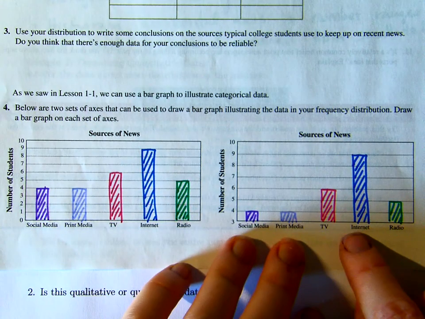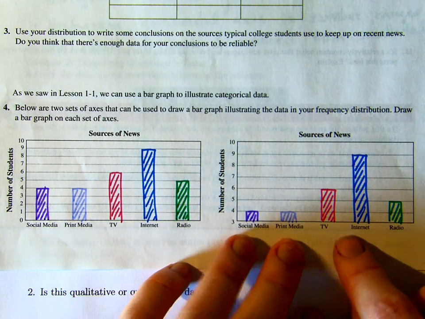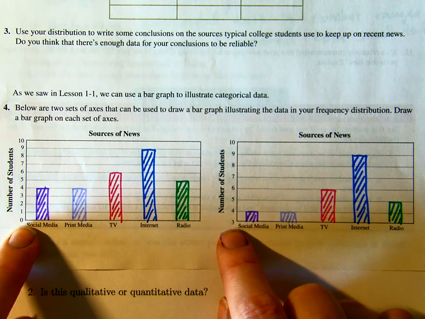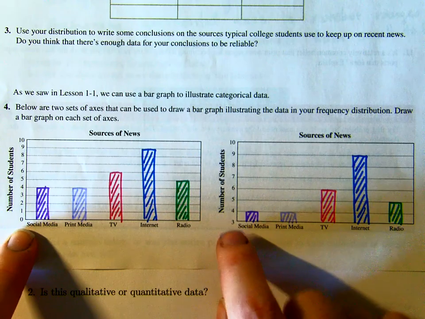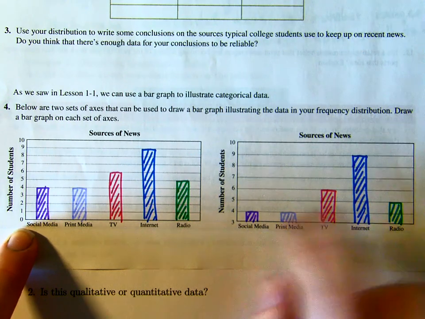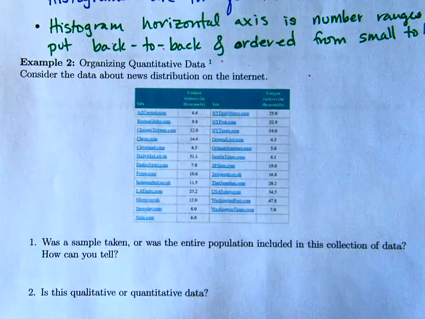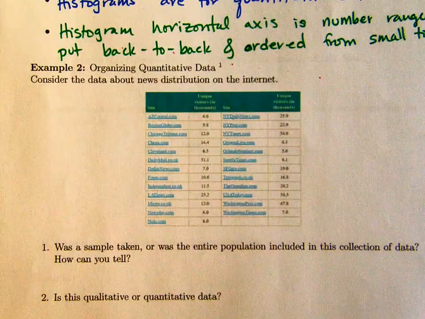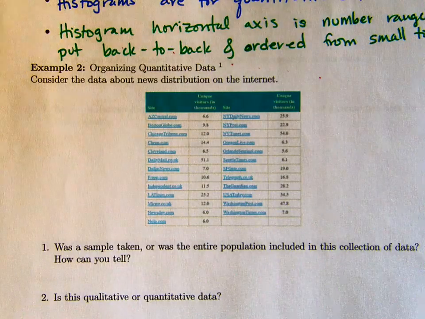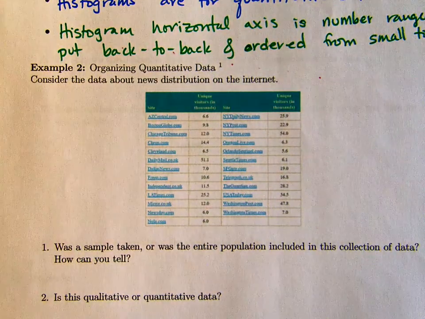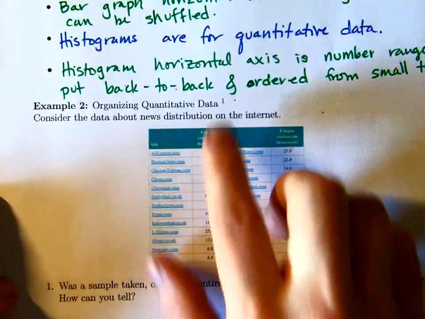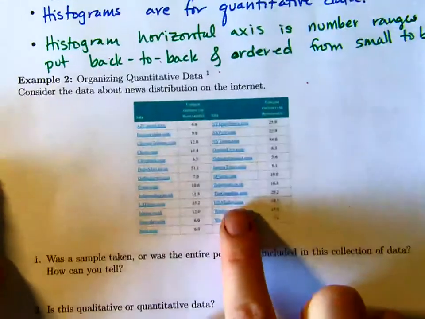Your book does this because they want to highlight the idea that if you don't start at 0, you are distorting the information. So just a quick little shout out again to your book for making those points.